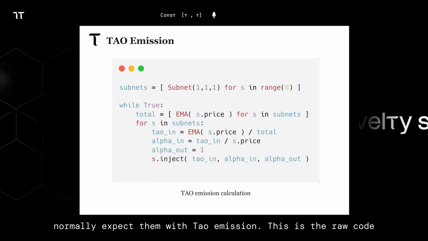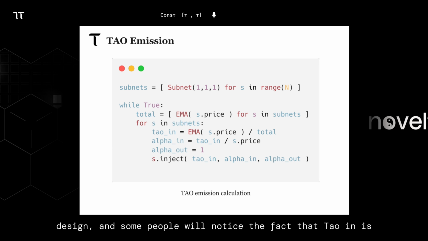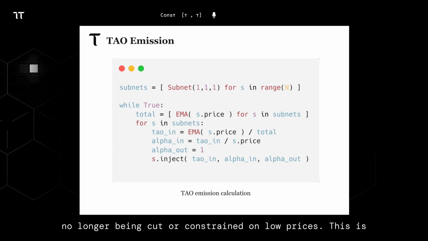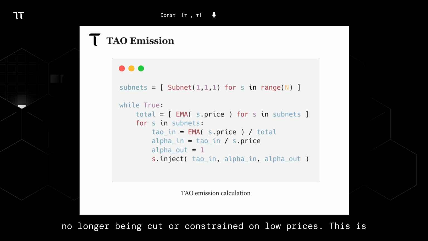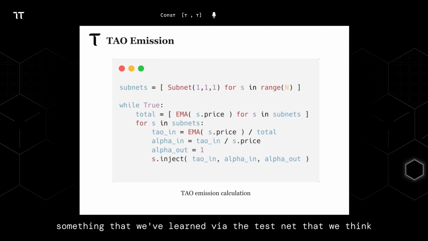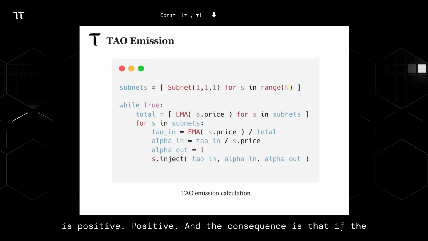This is the raw code design, and some people will notice the fact that tau in is no longer being cut or constrained on low prices. This is something that we've learned via the testnet that we think is positive.